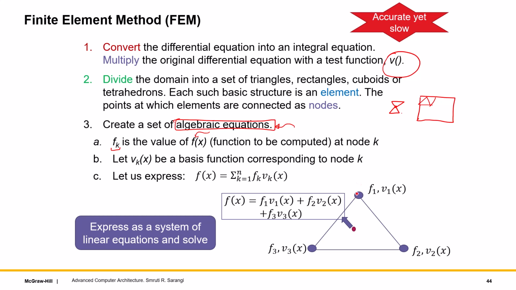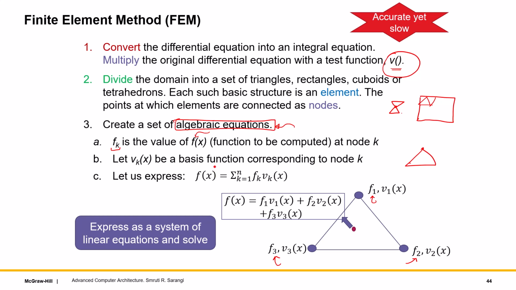So at each of the nodes, recall that if I have a triangle, then the three vertices are the nodes. Given this triangle, let the value here be f1, the value here be f3, the value here be f2. Furthermore, let me now bring in this test function, and let's say that it is some sort of a basis function. So what is a basis function?